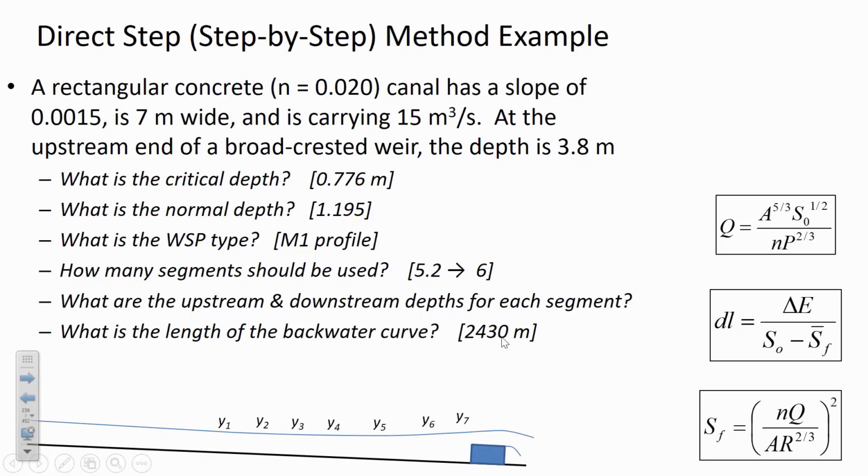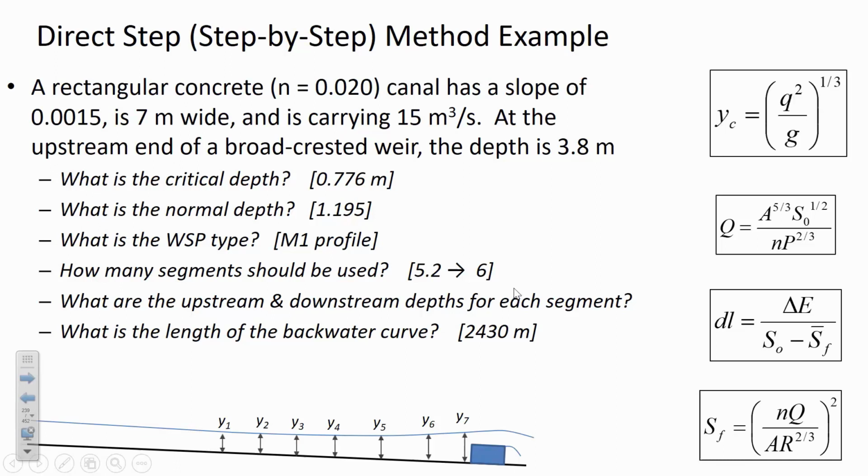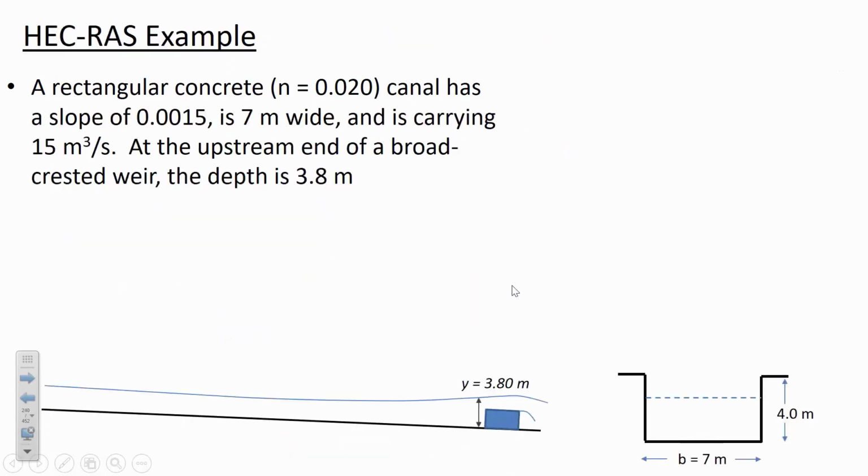As we'll find through this example, the actual length may be a bit longer when we divide it up into more than 6 segments. So we're going to be adapting this example. Once again, we're using the same 7-meter wide rectangular channel, and let's say that we have a 4-meter height that the water can be flowing through.